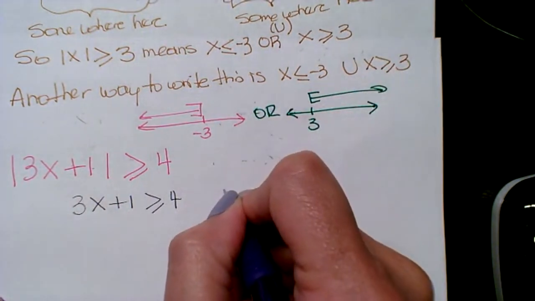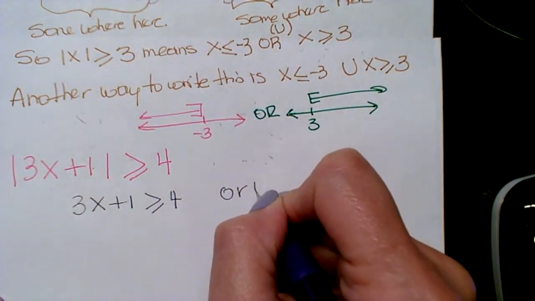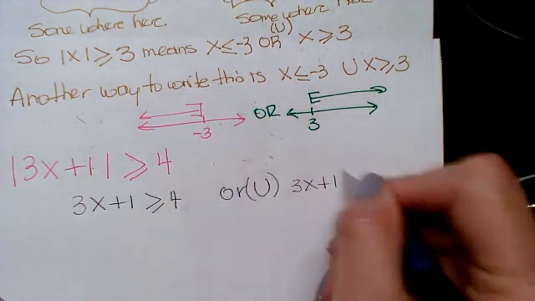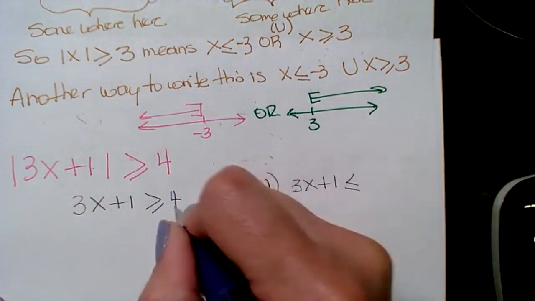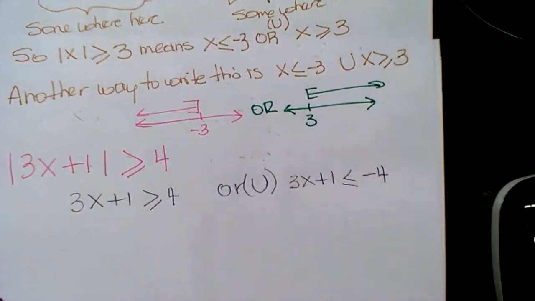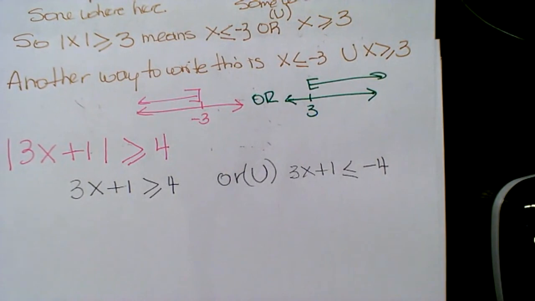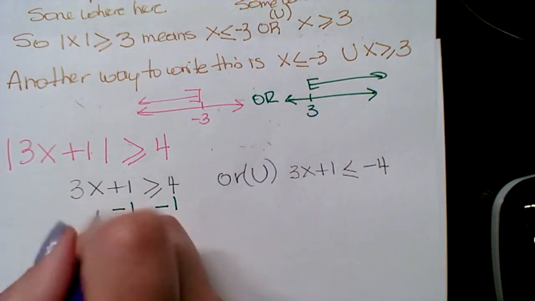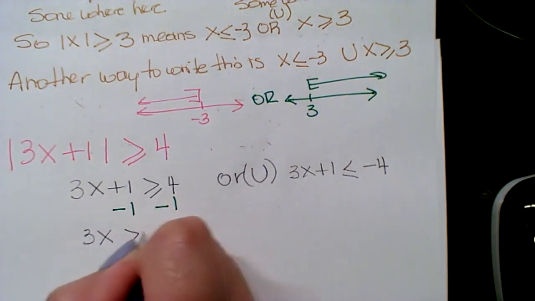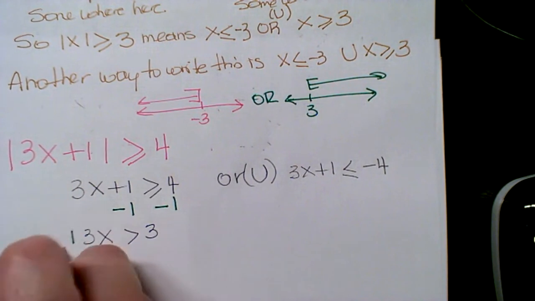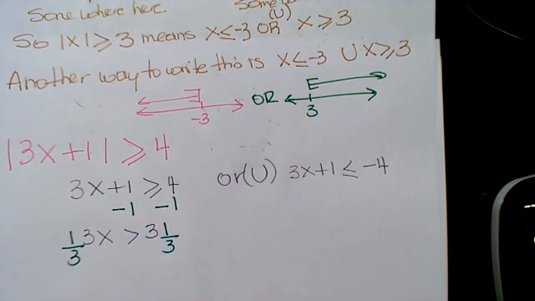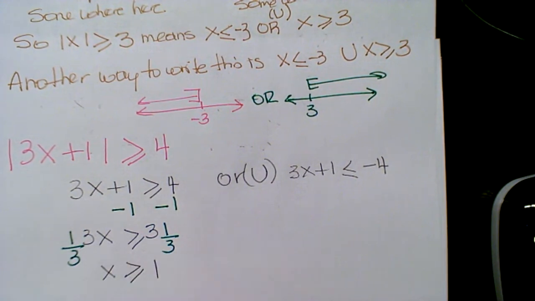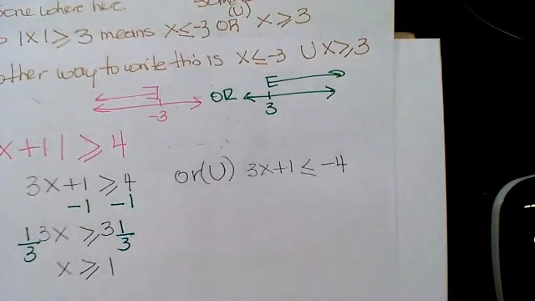The other one is going to be OR, which is union, and the sign is going to change, opposite, and the number is going to be the opposite value. Okay? So again, let me add the 1 here because I want to make a 0. 3x greater than 3. And now I'm going to make a 1 by multiplying by the reciprocal, and x is equal to 1.